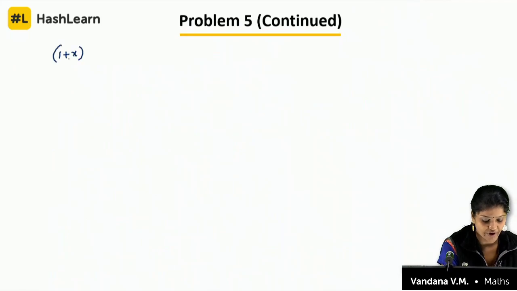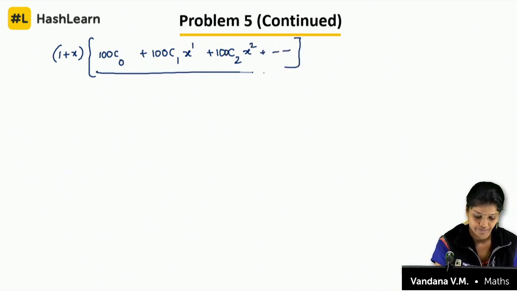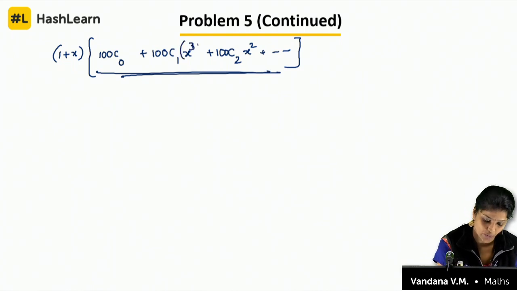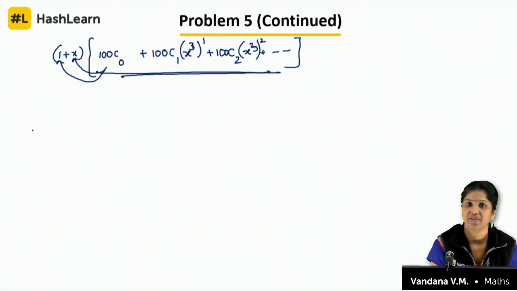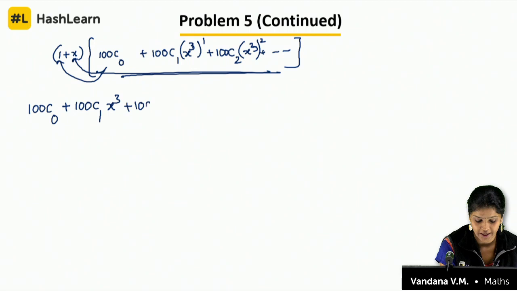If I expand 1 plus x cube whole power 100, what will I get? 100C0 1 power 100 plus 100C1 x cube plus 100C2 x power 6 and so on. Now you multiply with 1 and with x.